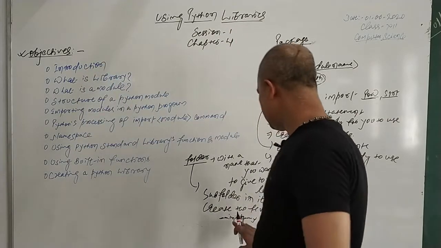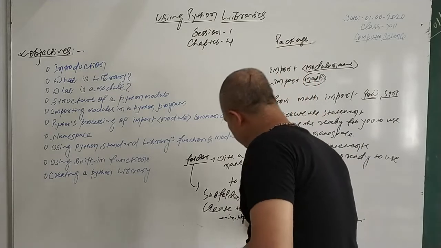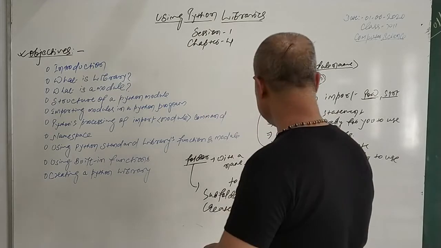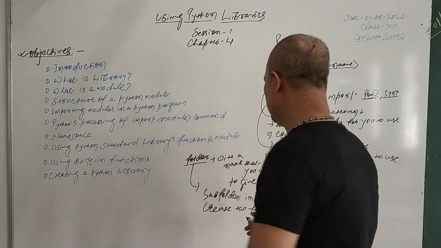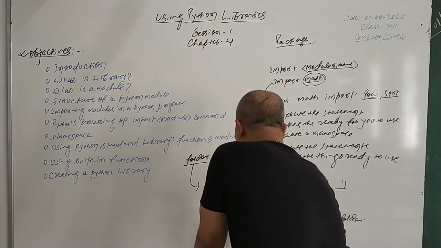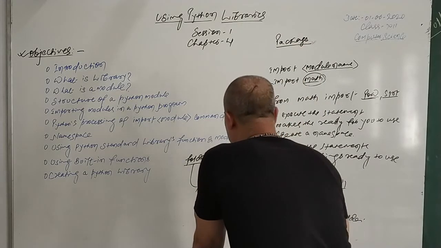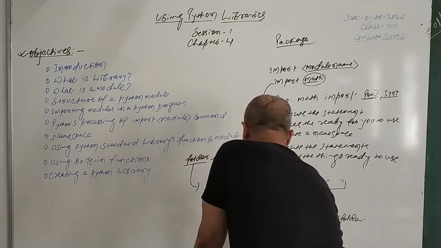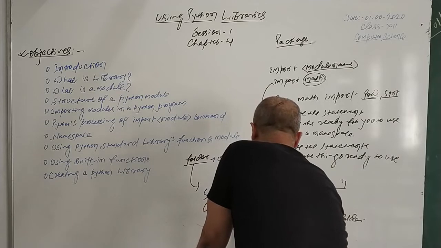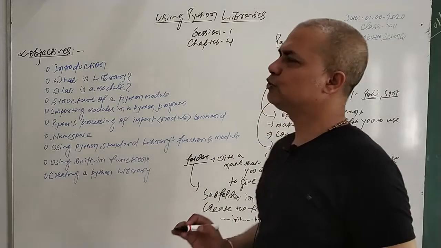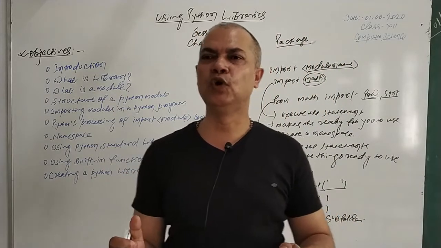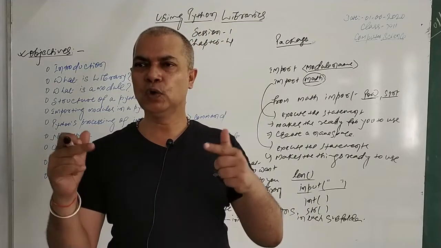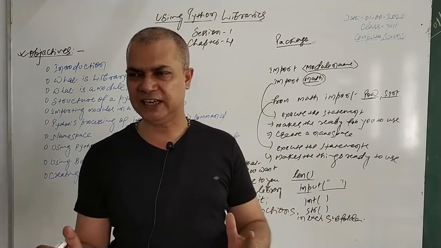In every subfolder we have to create this file: two underscores together, then init, then two underscores, dot py. This is the file name that you have to create in every subfolder in the folder that you have just created.